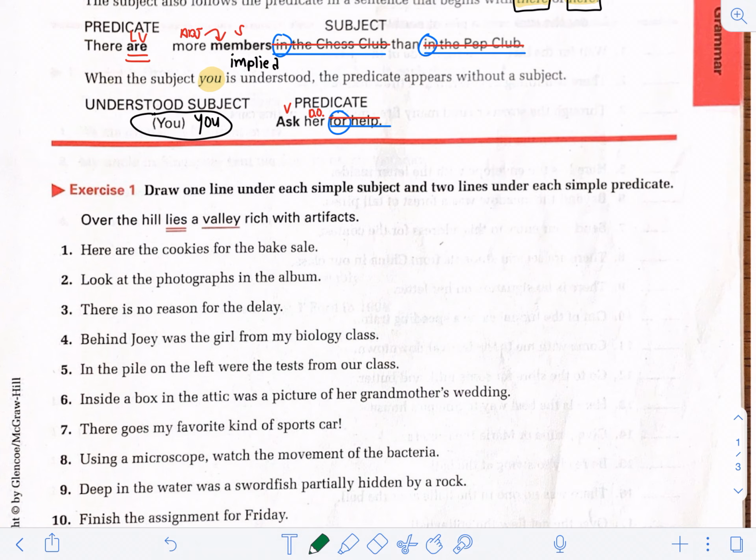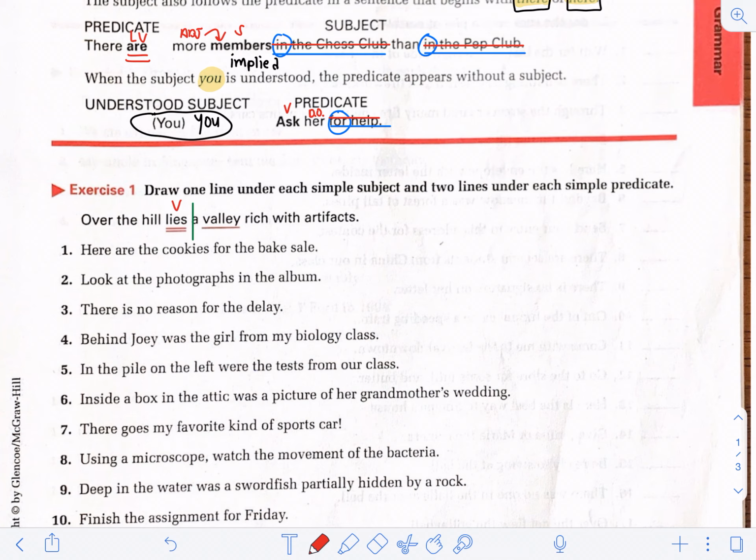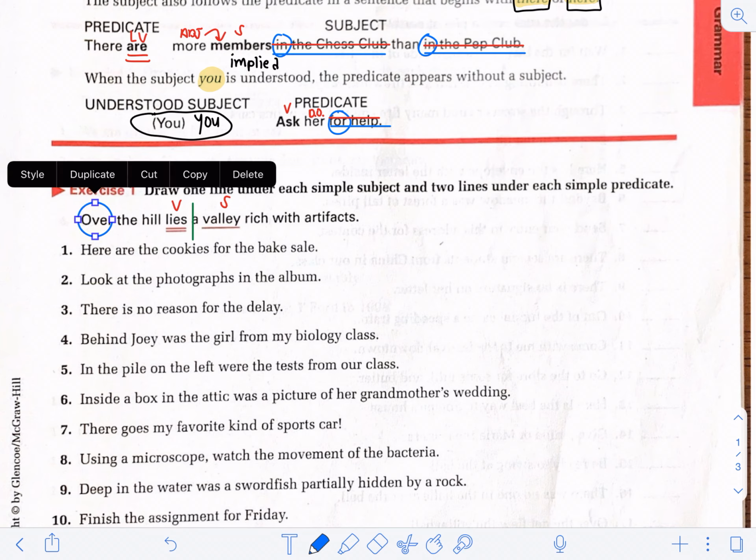This is an inverted sentence. The line still goes between the subject and the verb. We have our verb as lies, and we have our subject as valley. The reason we know this is over the hill is a prepositional phrase.